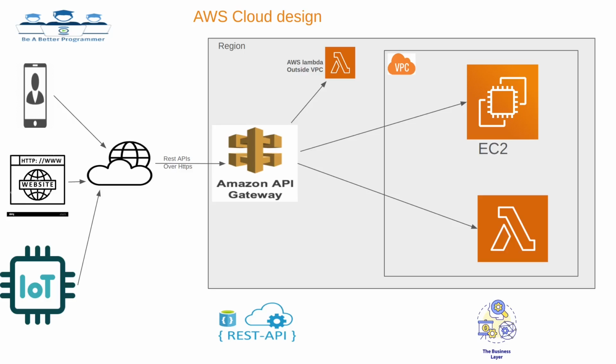API Gateway can point to that API also. Or if you have developed a Lambda inside the VPC, API Gateway can connect to that Lambda also. That's why you can separate your API. This is your API layer, and here is your business layer, or here Lambda is also the business layer. In this way you can do the design in the AWS cloud.